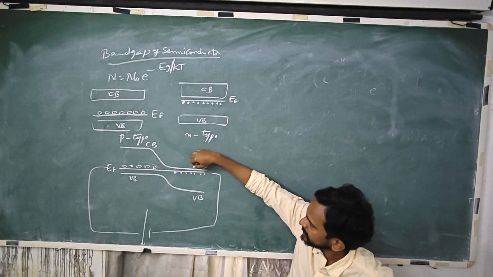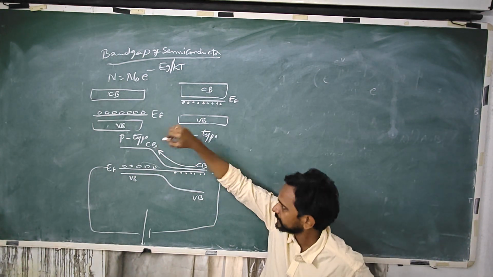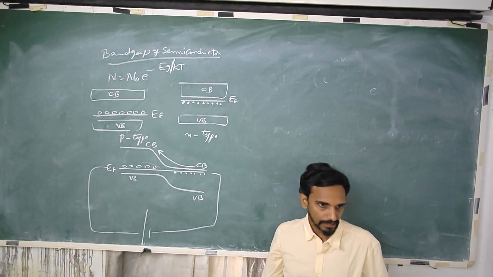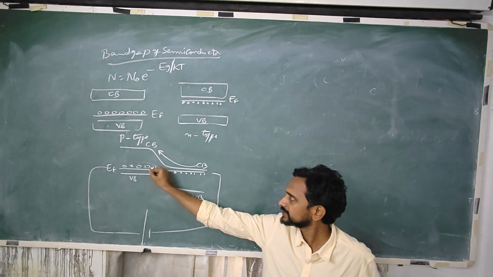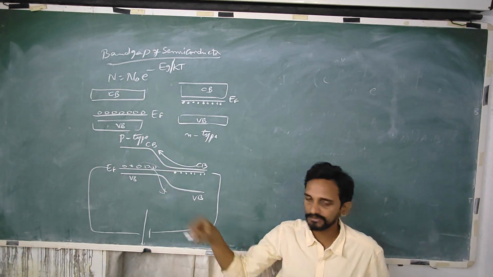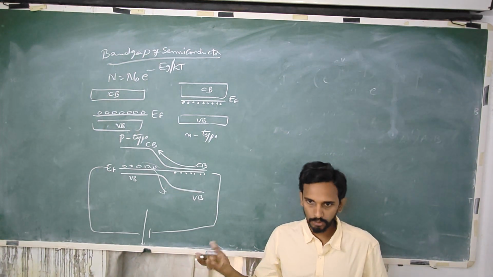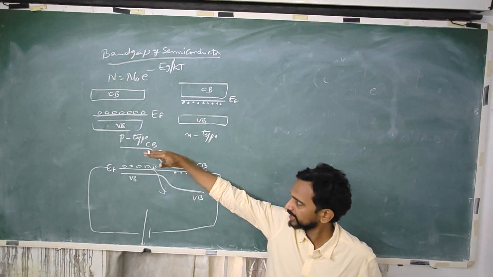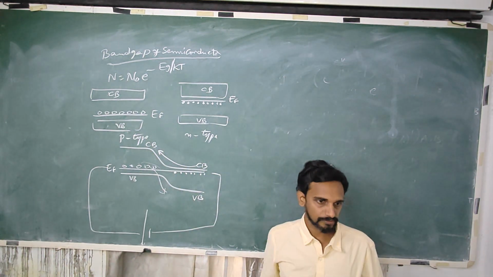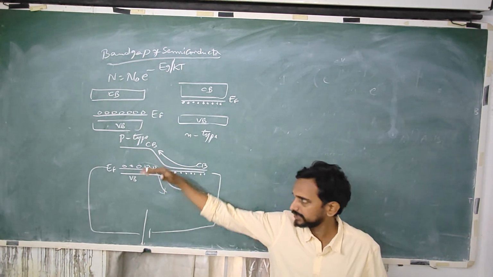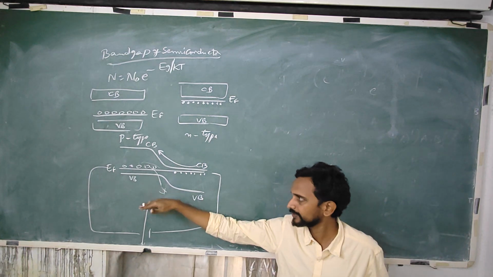And when you give energy, electrons will rise up in the conduction band and holes will sink down in the valence band. So they are just like plastic balls in water. When you give energy, they will move down in the valence band. With more and more energy, they will move deeper into the valence band.